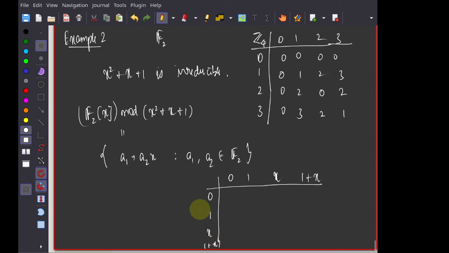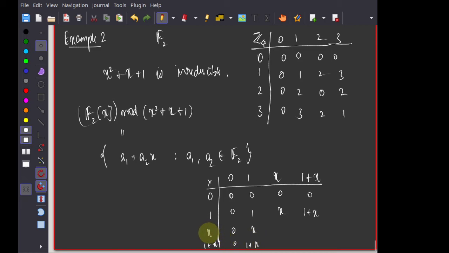Addition is just term-wise addition, so there's nothing interesting going on over there. But let us now see multiplication. Obviously, this first row is all zeros. Right? The second row is the same. It's x.